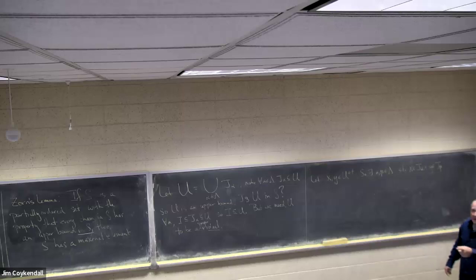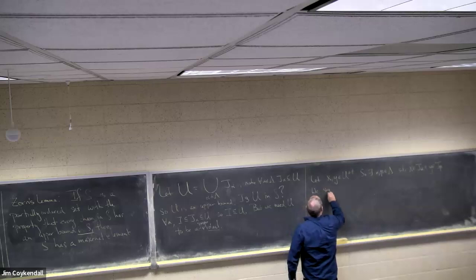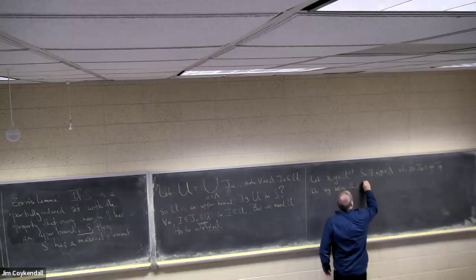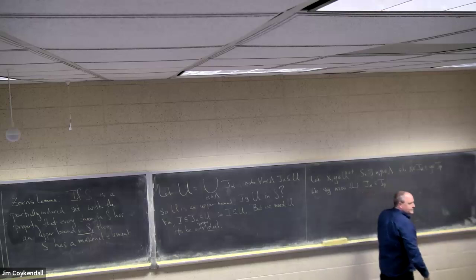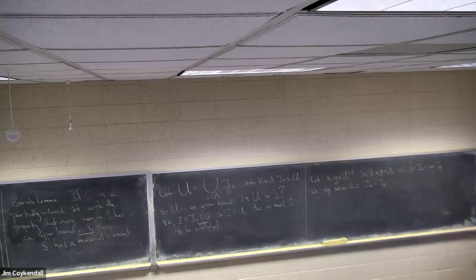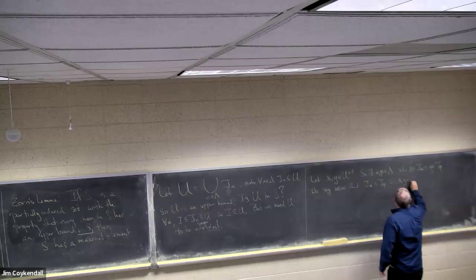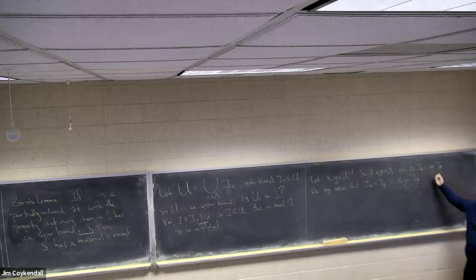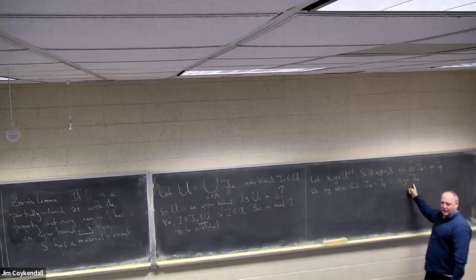One of them contains the other. We say, without loss of generality, that J alpha is contained in J beta. Therefore, if J beta is the bigger one, X is down here and Y is up here, so both X and Y are in J beta.